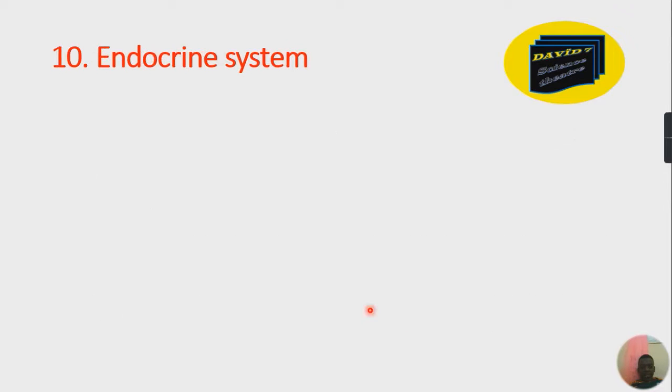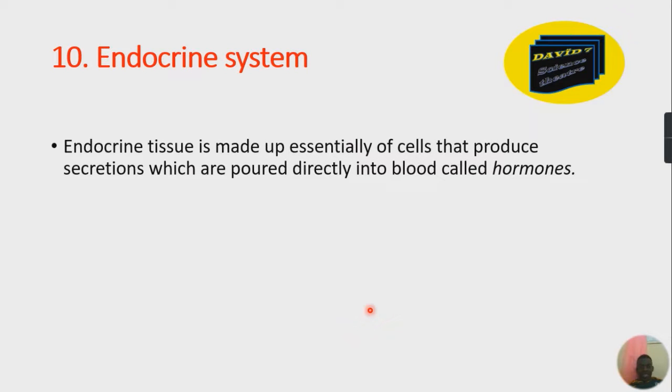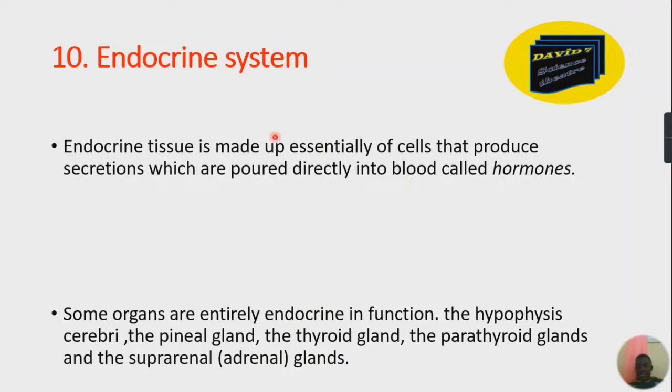Okay, let's talk about system number 10, and that is the endocrine system. Endocrine tissue is made up of essentially cells that produce secretions which are poured directly into the blood, and you can call them hormones. Some organs are entirely endocrine in function. For example, the hypophysis cerebri, call it the pituitary gland, the pineal gland, and the thyroid gland, which produces thyroxine.